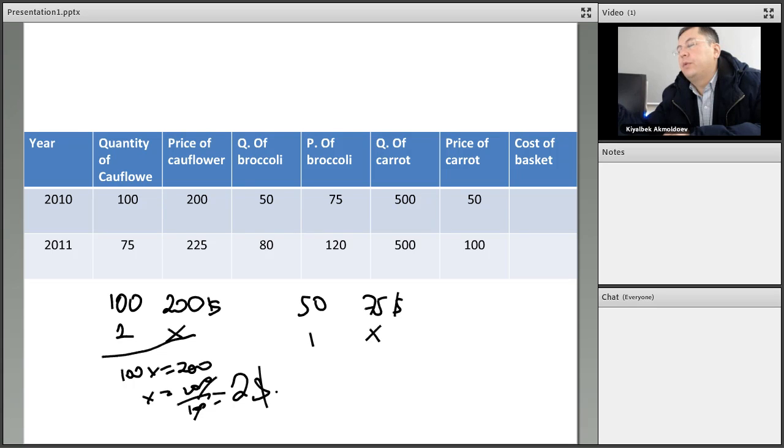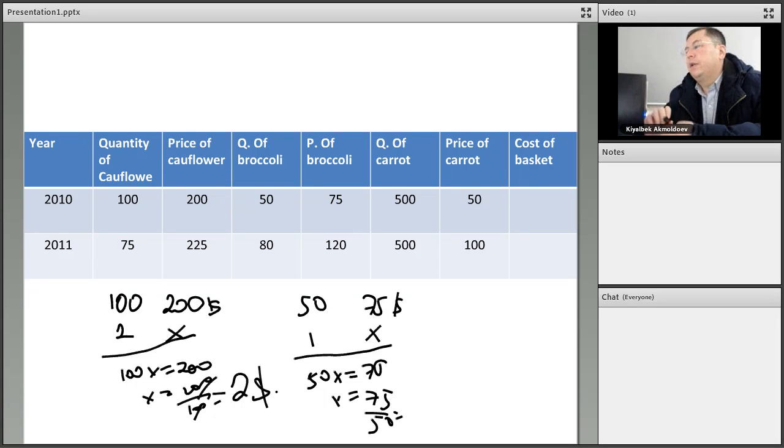How much will be one broccoli then? We don't know, x. So 50 x equals 75, x equals 75 over 50, it will be 1.5. $1.5 is broccoli.